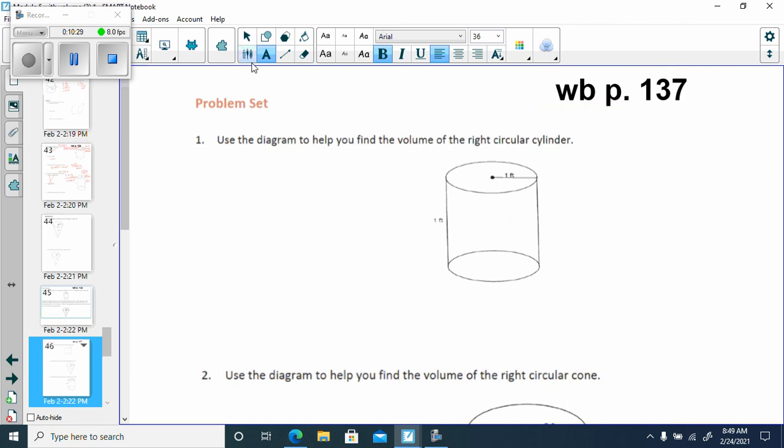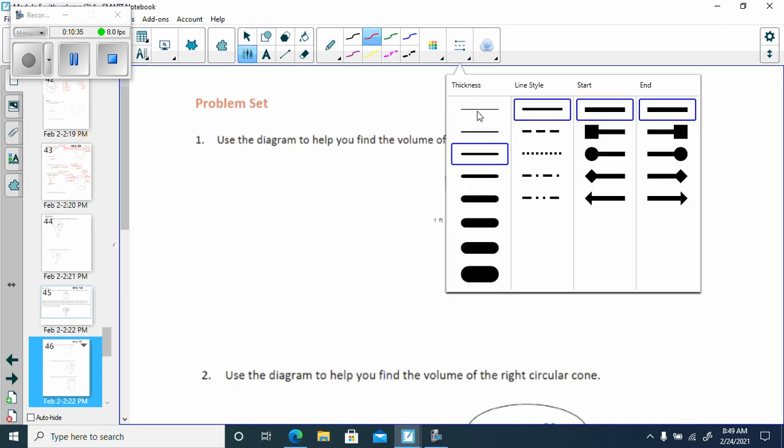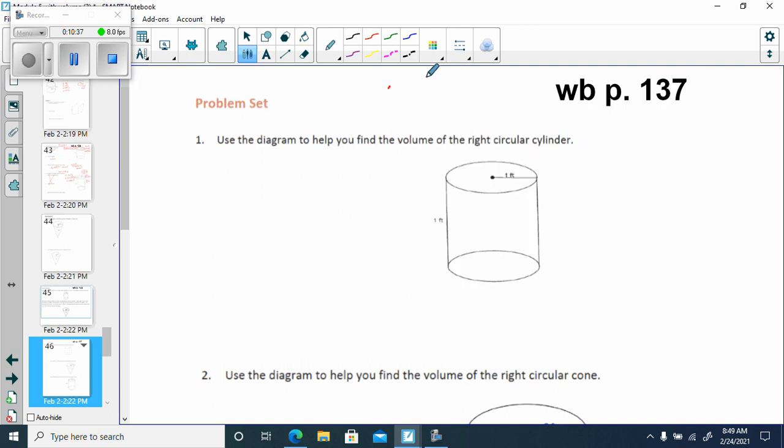Let's not use 3.14 for pi. Let's just simply leave pi in our answer. Frequently they do this so you don't introduce error. So we want an exact answer. In other words, don't use the rounding of pi to 3.14.